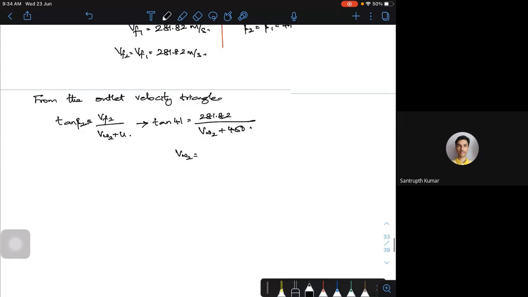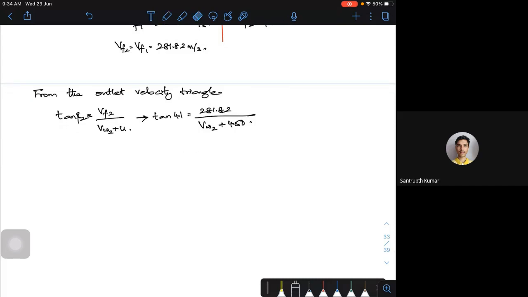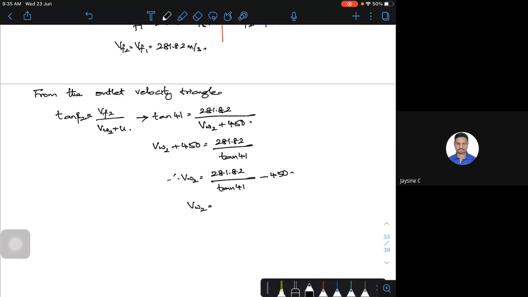See, when you're doing this cross multiplication, what you have to do is Vw2 plus 450 is equal to 281.82 divided by tan 41, or Vw2 is equal to 281.82 divided by tan 41 minus 450. Minus 125, yes. That's why you have to be very careful here.